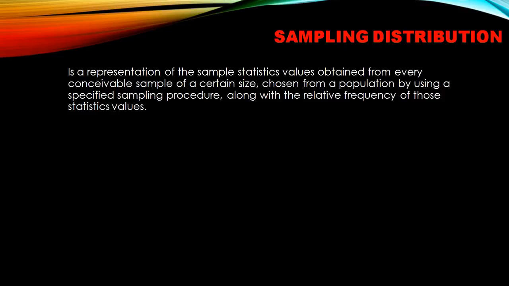Let us make this simple. If I have a population of 100, I extract 10 different samples of 5 each. So I have 10 different samples of 5 each, and I have a mean in all these 10 samples.